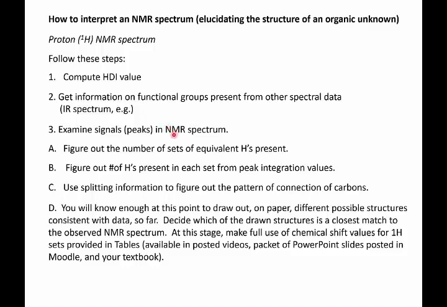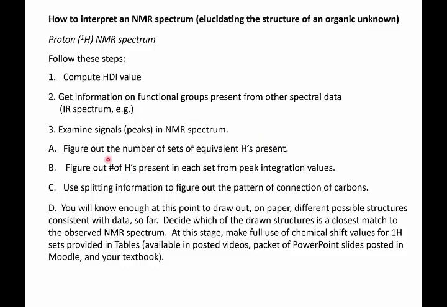Now, the NMR spectrum has a number of signals. What you want to do is to examine the signals in the NMR spectrum. First, figure out the number of sets of equivalent hydrogens present. That's going to be related to the number of signals.